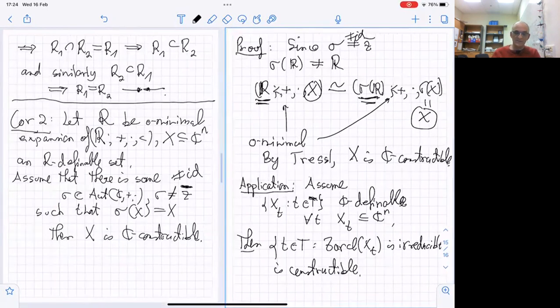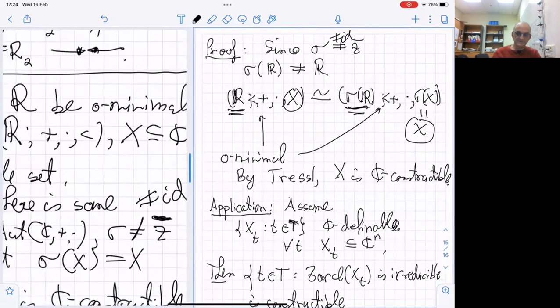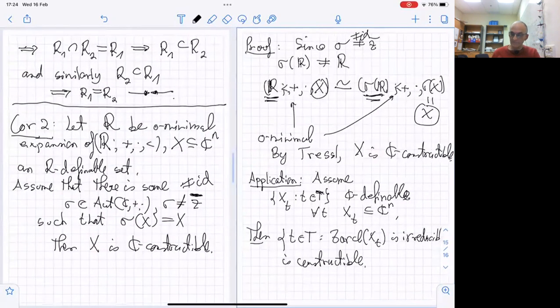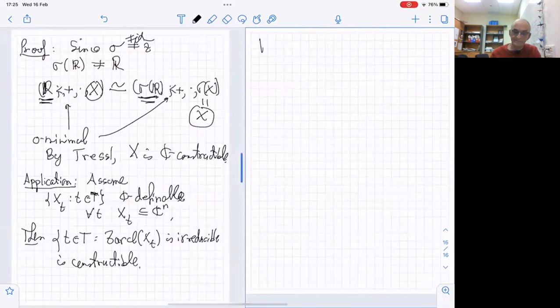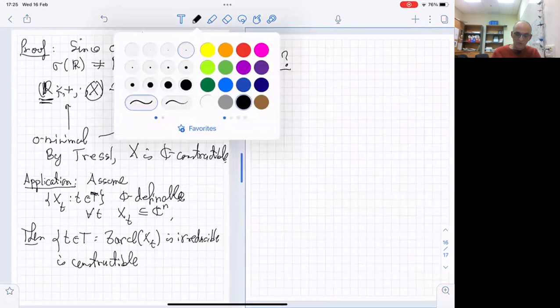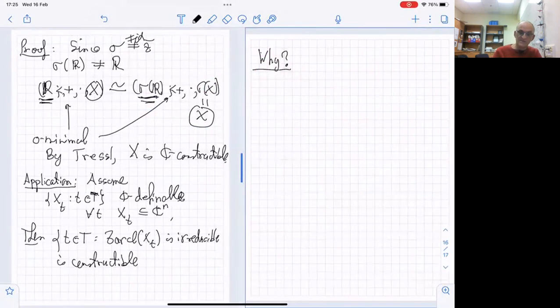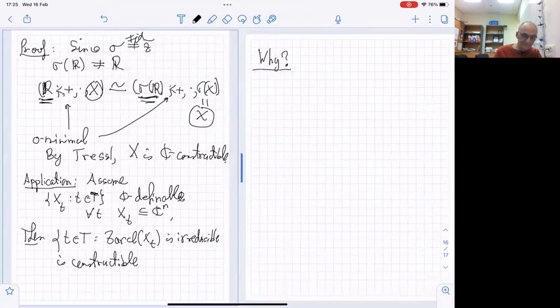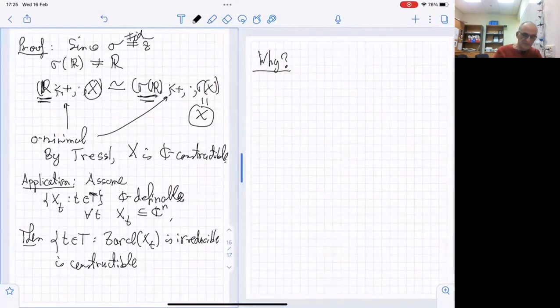Okay, so well, being irreducible is clearly invariant under all automorphisms. So let's call this set T1.